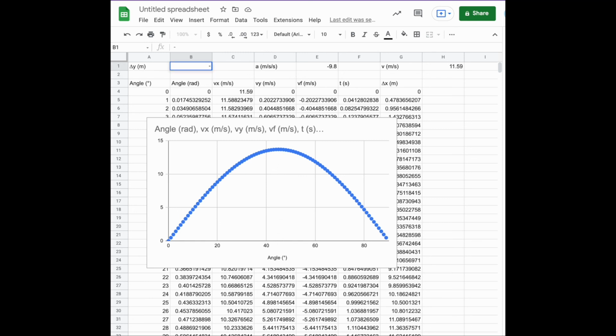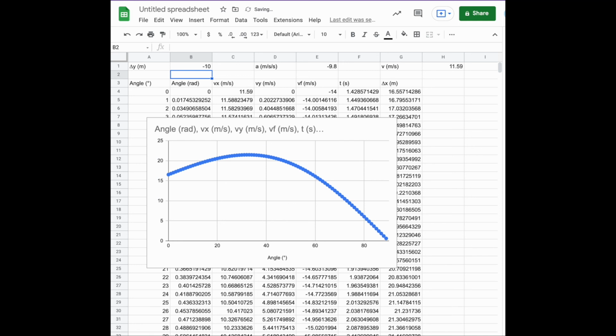If we had thrown it from an even higher height, maybe 10 meters, we throw it off of a balcony on a building, we can see that we get a maximum angle somewhere in the high 30s, definitely below 40. So we could see that the higher up we start our throw, the smaller the angle that will maximize our distance.